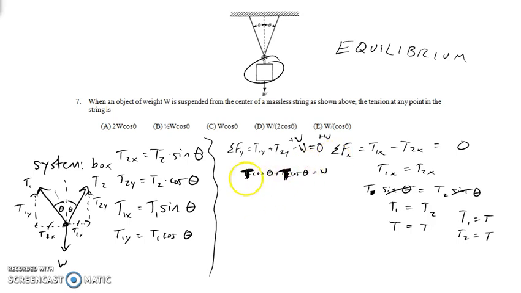Either way, you're going to see that this becomes 2T cosine theta equal to the weight. And when you need to solve for T, the tension, what you would do is divide both sides by 2 times cosine theta. And when you do that, you find that tension is just equal to the weight of the object divided by 2 cosine theta, which is option D.